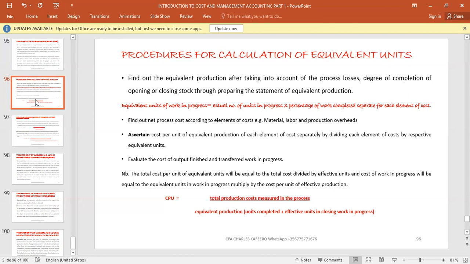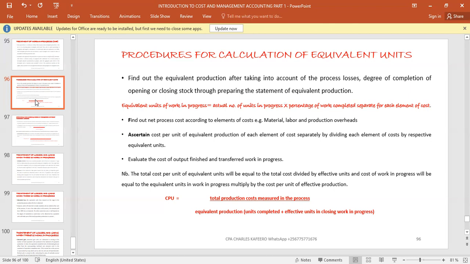You can call them equivalent units or effective units, and the cost of work in progress will be equal to the equivalent units in the work in progress multiplied by the cost per unit of effective production.